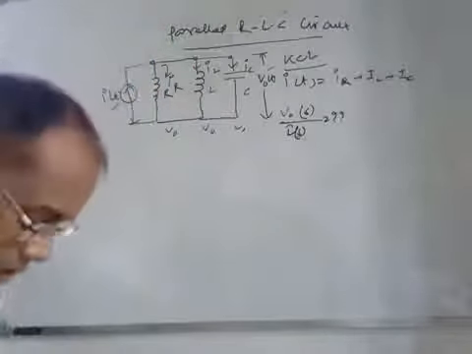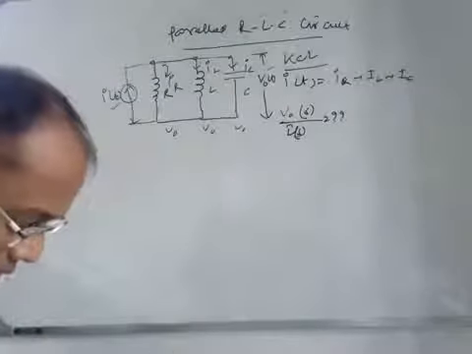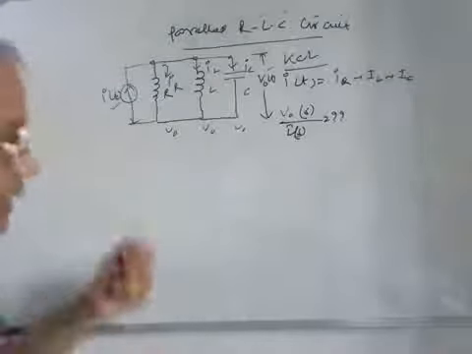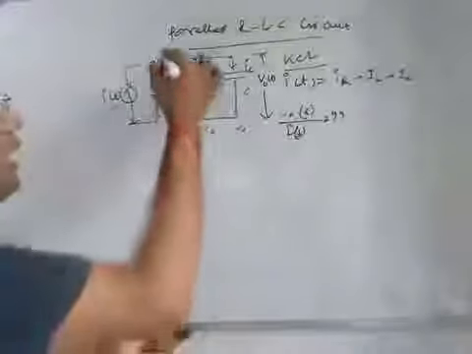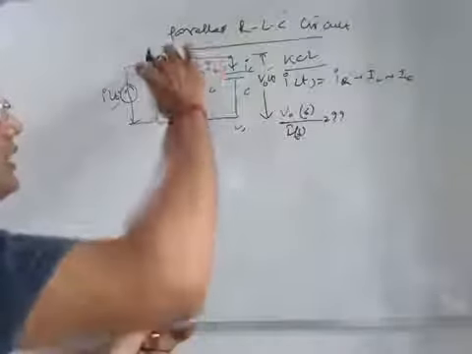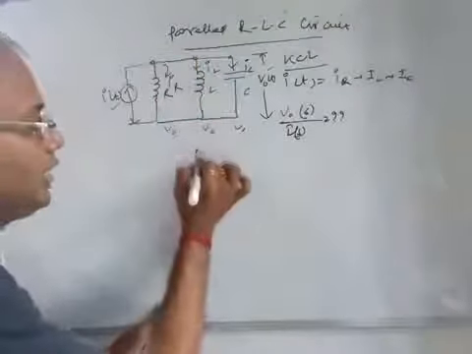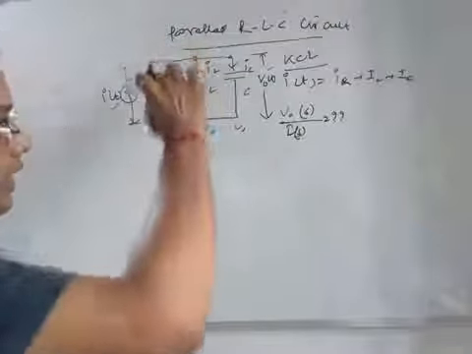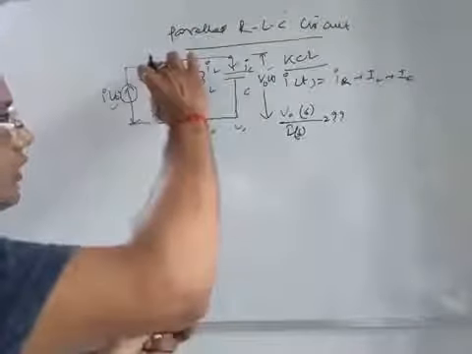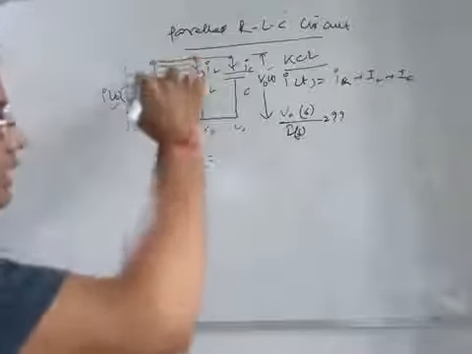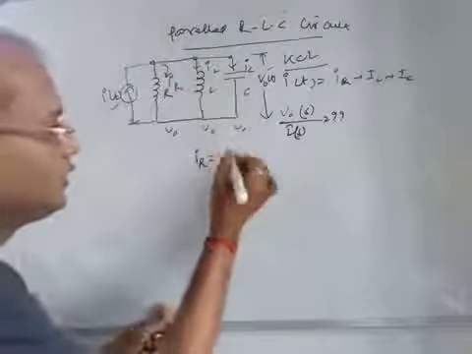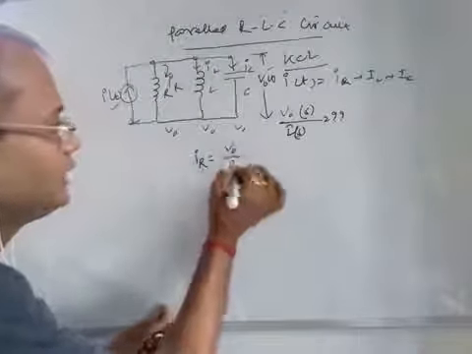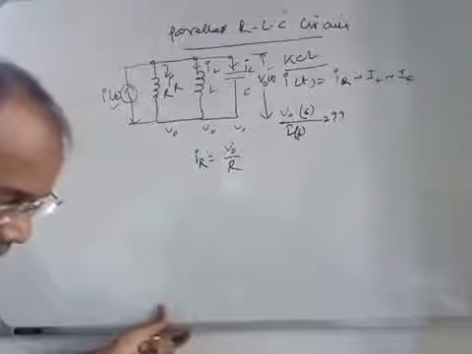Fine. So the next equation: you have to find IR, the current passing through the resistance. Once you get V0, the voltage drop across the resistance is V0 and the impedance of this path is R. So you get V0 by R. This is your IR.